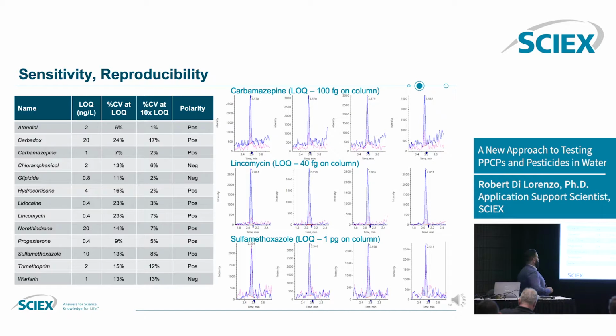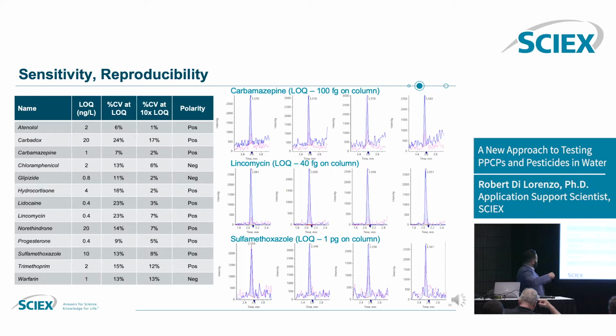Sensitivity and reproducibility. On the left here is just a wide range of compounds that have varied sensitivities in electrospray. And you can see how, injection to injection, you have great CVs even at the LOQ.